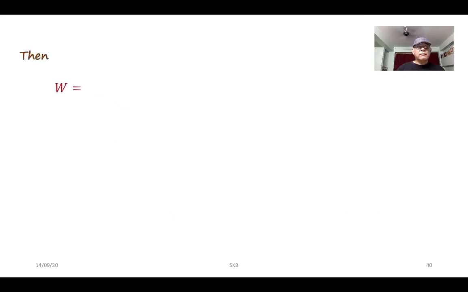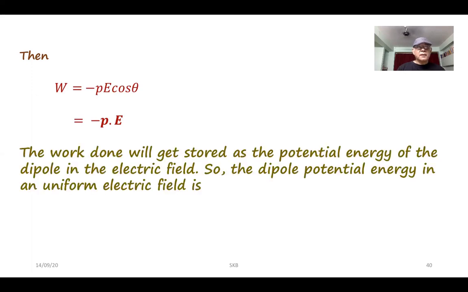Then W equal to minus PE cos theta, which can be expressed as minus the dot product of vectors P and E, that is P dot E. The work done will get stored as the potential energy of the dipole in the electric field. So the dipole potential energy in a uniform electric field is minus P dot E.